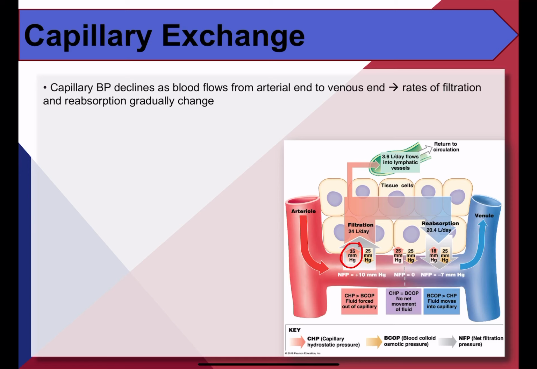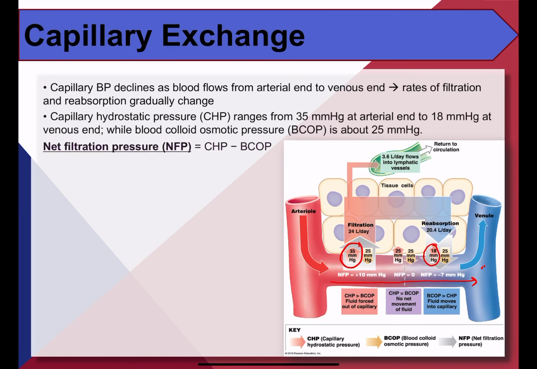By the time it reaches the venous end, your blood pressure should drop to about 18 mmHg, and since we're talking about blood pressure within the capillaries, we can also call that the capillary hydrostatic pressure, CHP.